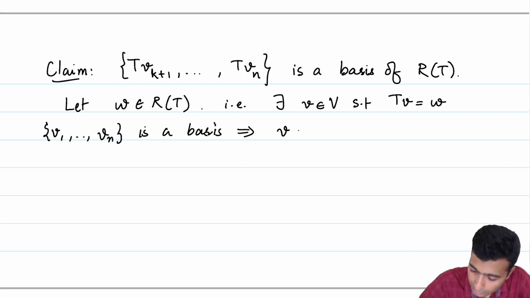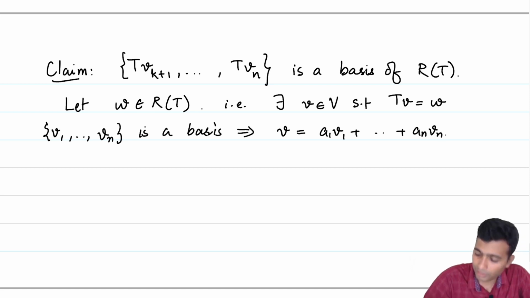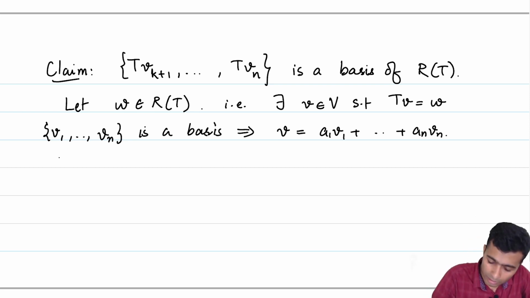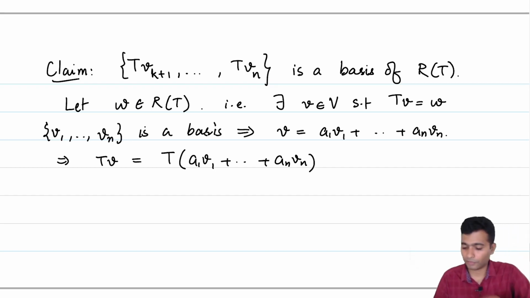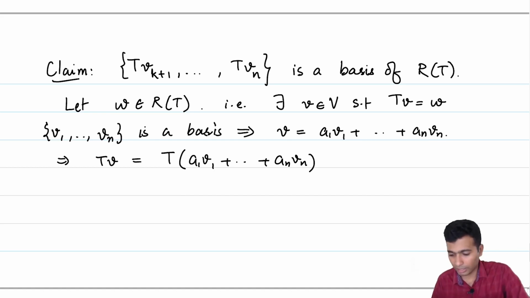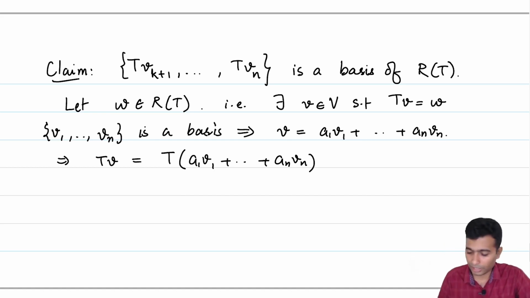So this implies there exist A1 to An such that V is equal to A1 V1 plus up to An Vn. But then TV is equal to T of A1 V1 plus up to An Vn. In fact, I should have written an AK Vk and AK plus 1 Vk plus 1 in the middle. I'll do that in the next step.